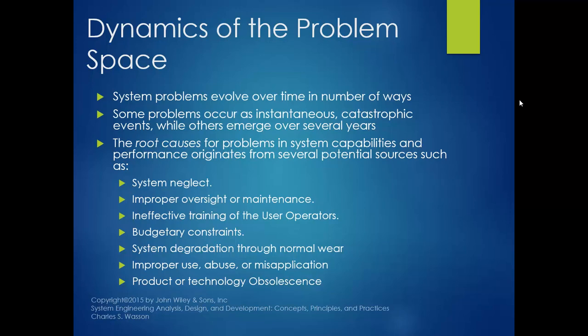The root causes for problems in system capabilities and performance originate from several potential sources, such as system neglect, which goes hand in hand with improper oversight or maintenance of system components. It could also be through ineffective training of user operators, which also goes hand in hand with improper use, abuse, or misapplication of the system.